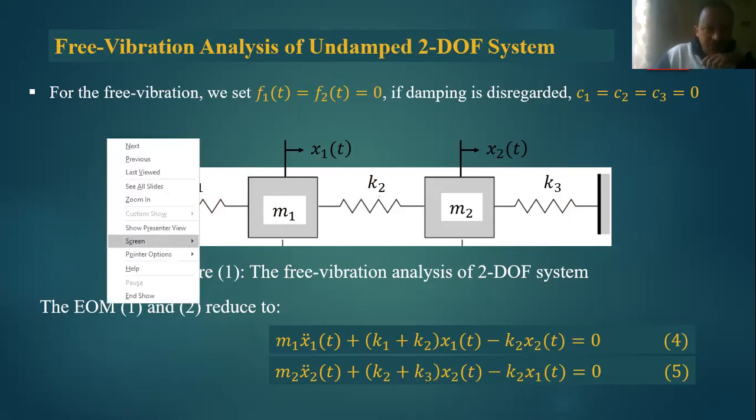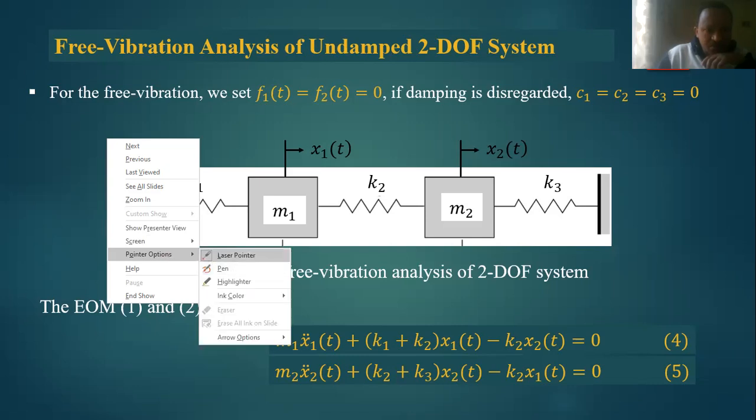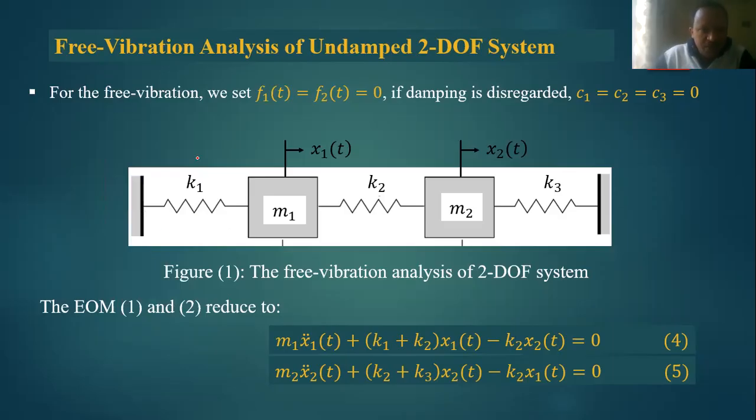It is better to show you with a sketch. If we section from here and here, we have mass 1 with a spring constant k.